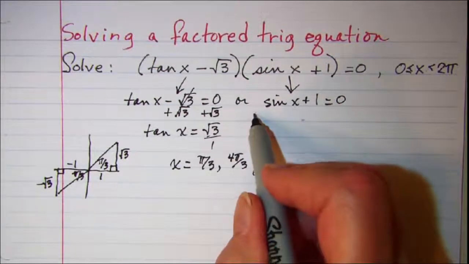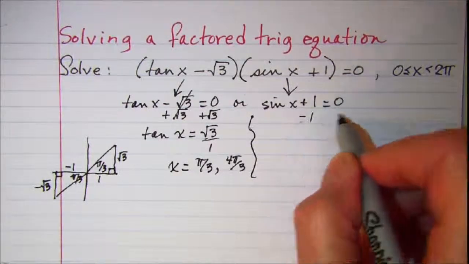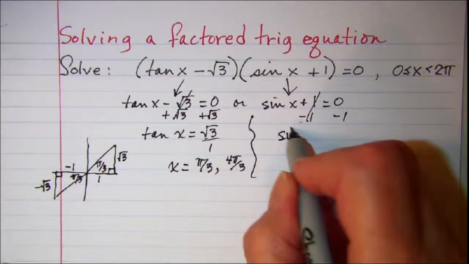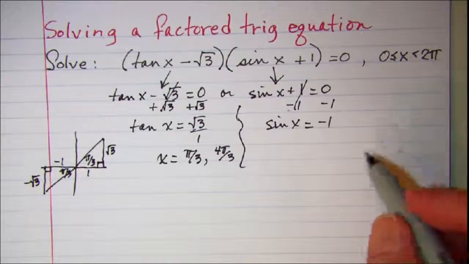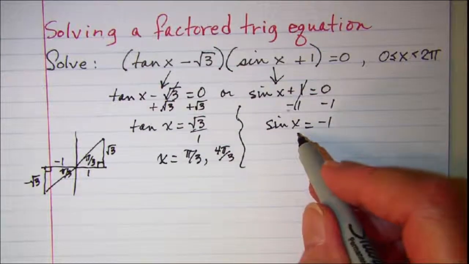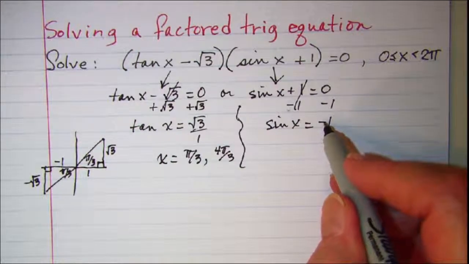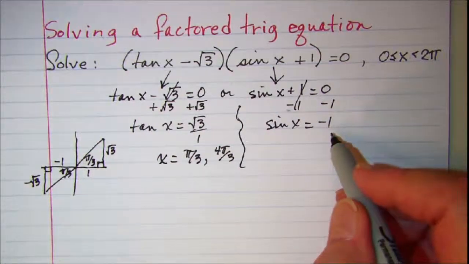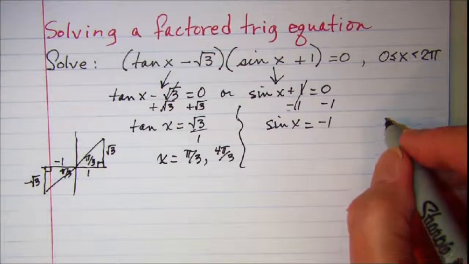Alright, now let's solve this one on the right. Subtract 1 from both sides. These will cancel, and I have sine x is equal to a negative 1. Now we know that x has to be a quadrantal angle in this case because sine is opposite over hypotenuse, and we'll never get a 1 with that ratio since the hypotenuse is always bigger for a triangle in one of the quadrants.